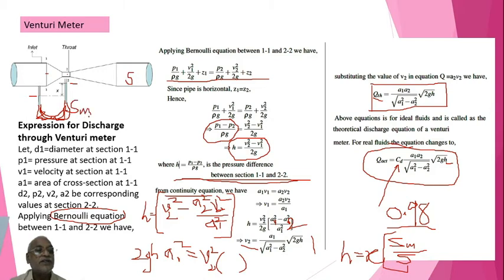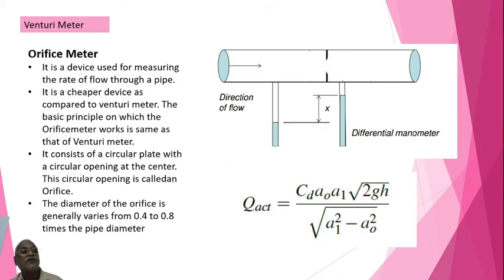It is not necessary that it is mercury, but whatever manometric liquid I have used: Sm by S minus 1. That gives you the expression for H, which is used over here. So this H has to be substituted in terms of X as X into bracket (Sm by S minus 1). Okay, with this idea we'll go further.